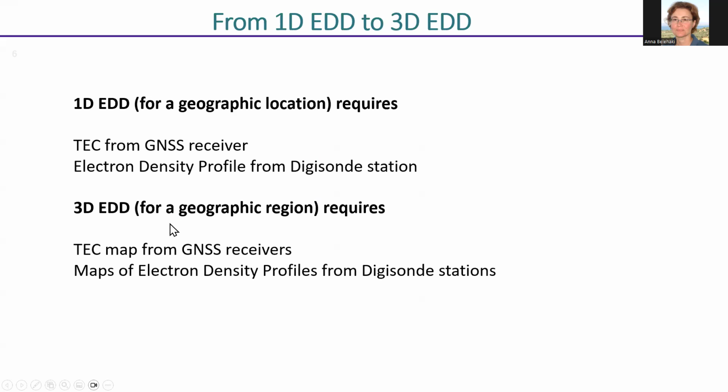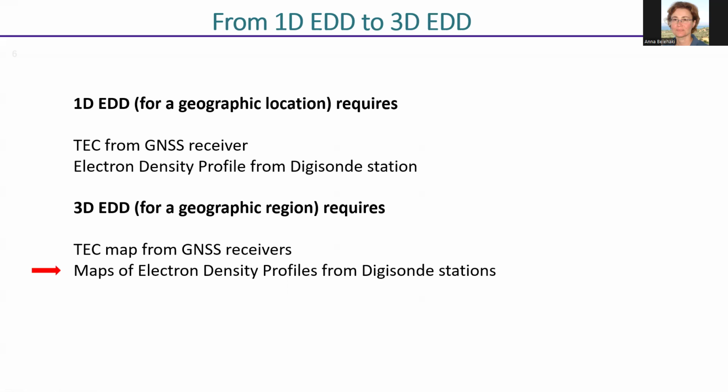For the 3D distribution, the model requires the map of the TEC from GNSS receivers. So if we want to apply this 3D mapping over Europe, we need the European TEC map, and we also need a European map of the electron density profiles from the Digisonde stations.